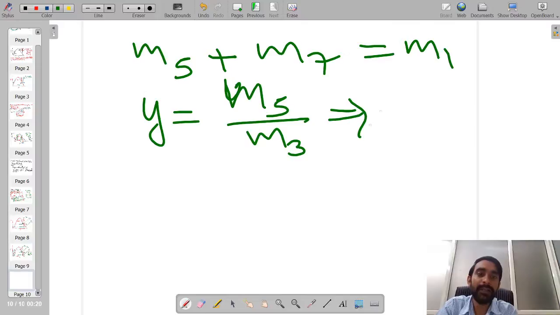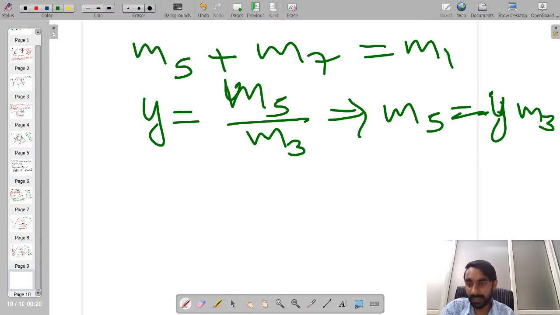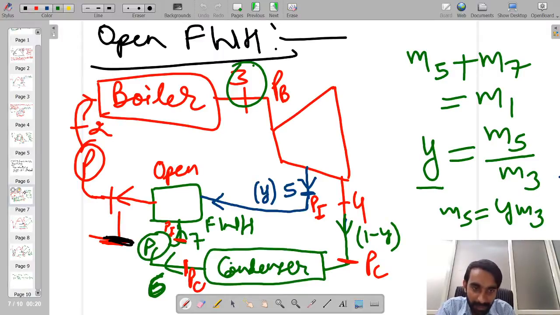So we find that m5 is nothing but y times m3. Similarly, the mass at point number 4, m4, will be equal to 1 minus y times m3.